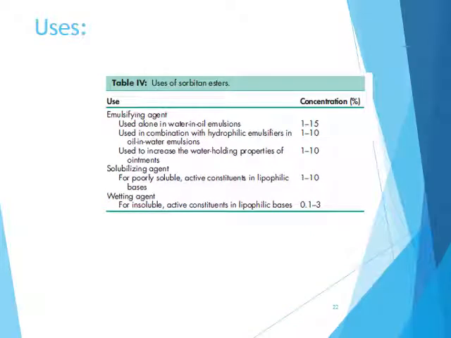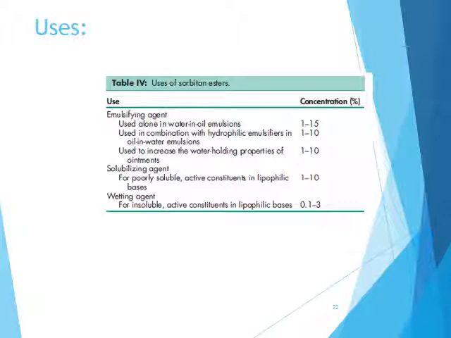This slide is showing the uses of spans, or sorbitan esters. They are normally used as emulsifying agents, used alone in water in oil emulsions. Here the concentration used is from 1 to 15%. In combination with hydrophilic emulsifiers in oil in water emulsions, they are normally used in a concentration of 1 to 10%.